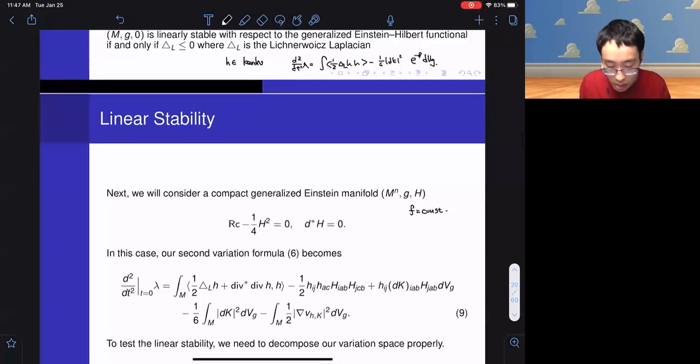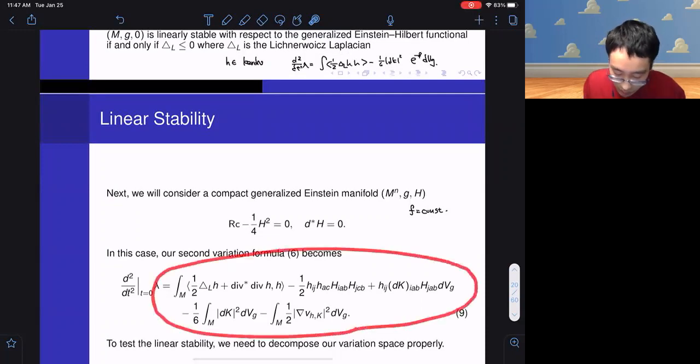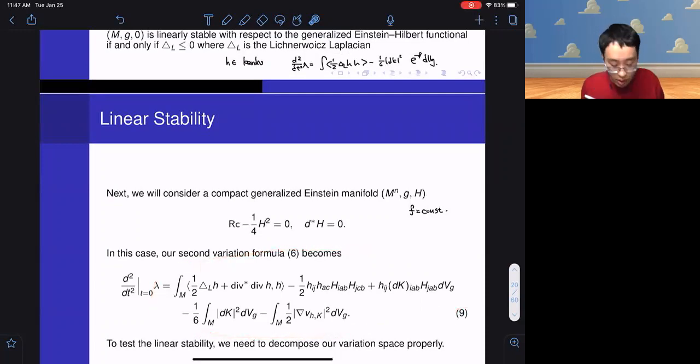Then you don't need to consider the F volume, just the standard volume form, and then our second variation formula can be rewritten like this. Here I transformed the Laplacian to the additional Laplacian by using the property of the generalized Einstein manifold equation.